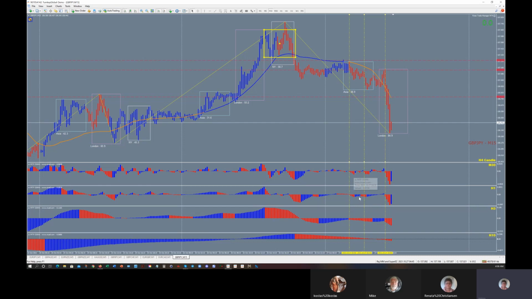This one's not an add-on because it's still blue. So you want it to hit back so you can get an add-on. You got two add-ons because it hit your entry price, but it threatened your stop loss. No. Would you have moved your stop loss down? Probably over here, right?